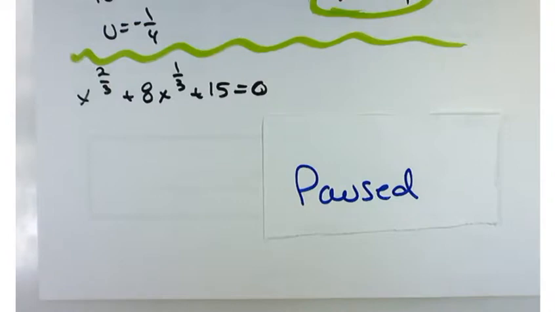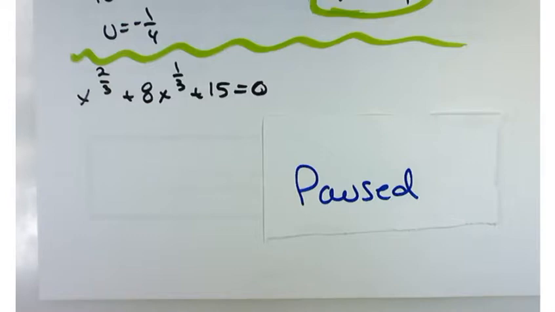Quadratic formula. Okay. No, no, no. That's spot on. Good. So now rewrite the equation in terms of U. Okay.